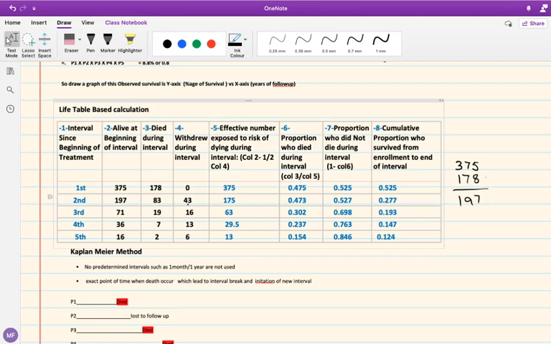So after 197 individuals, 83 died. This gives us a value of 114, and then out of this 114, we came to know that 43 individuals were lost to follow-up during that interval. They may have changed places, or they may have opted for a different treatment plan, and then we subtract those 43 individuals and we get a true value of 71 individuals.